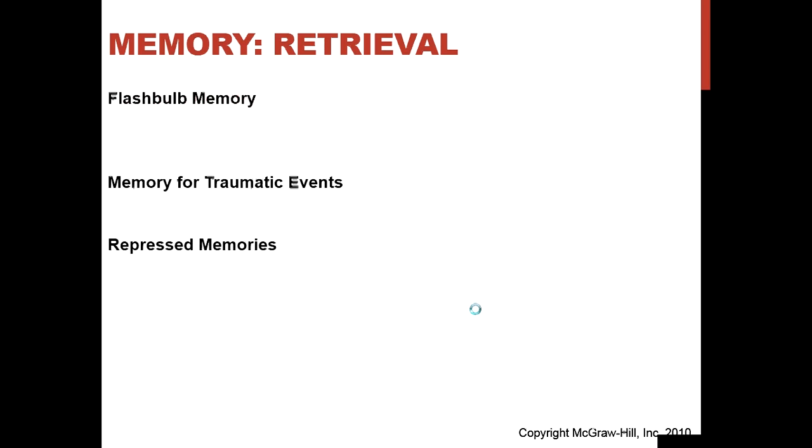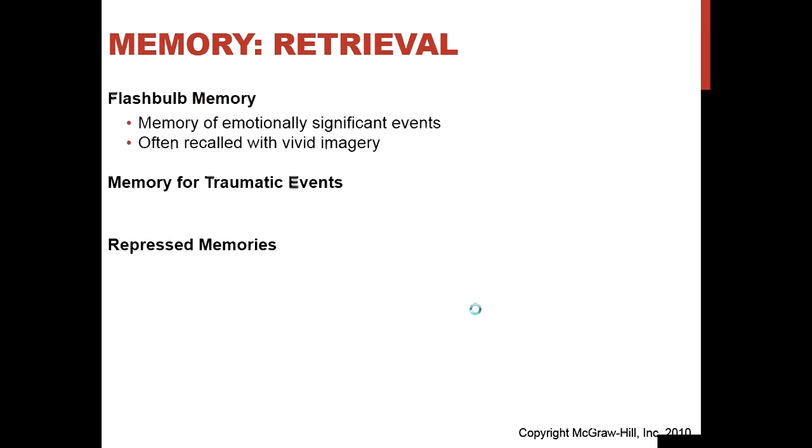Or you're thinking about something and then you forget about it, and then all of a sudden the memory comes back. One of those types of memory retrieval is called a flashbulb memory. Flashbulb memories are typically memories of emotionally significant events, and they often require very vivid imagery.